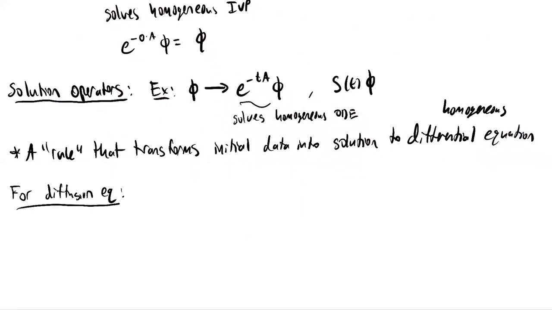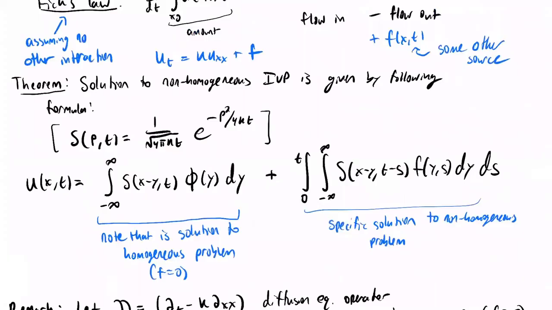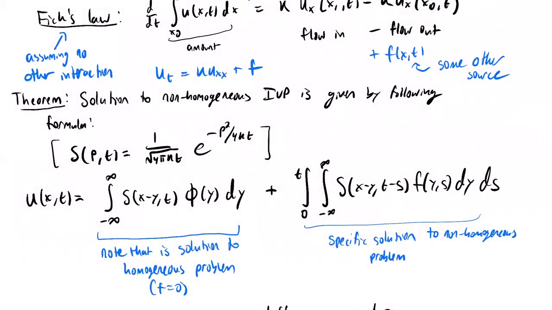So is there a rule that transforms the initial data, which is now a function phi of x, into a solution to the PDE? Well, the answer is, of course, yes, because we spent a whole lecture, actually 2 lectures, deriving this formula and proving that it works and looking at examples. We have this rule here, which is integrating against the Gaussian function or the source function.